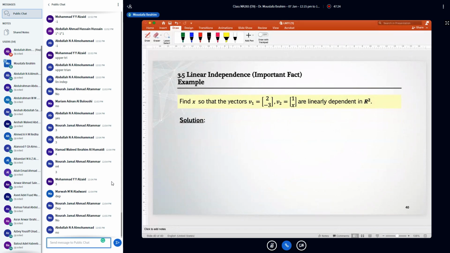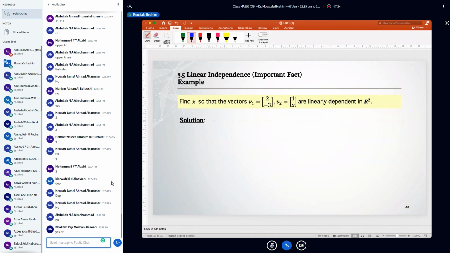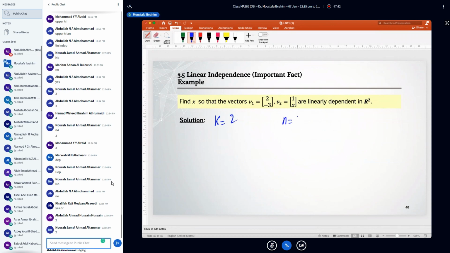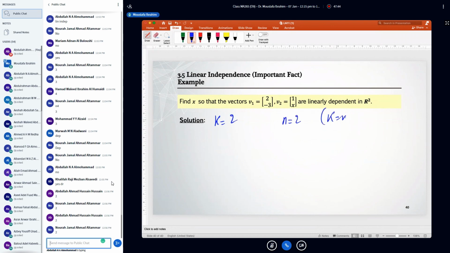We want to find x so that the vectors v1, v2 are linearly dependent in R2. Because we have linear dependence, let's directly think about the determinant because it's easy. k is equal to how much? Number of vectors: 2, and n is also 2. So k equals n, so we can use the determinant. What does it mean that they are linearly dependent?